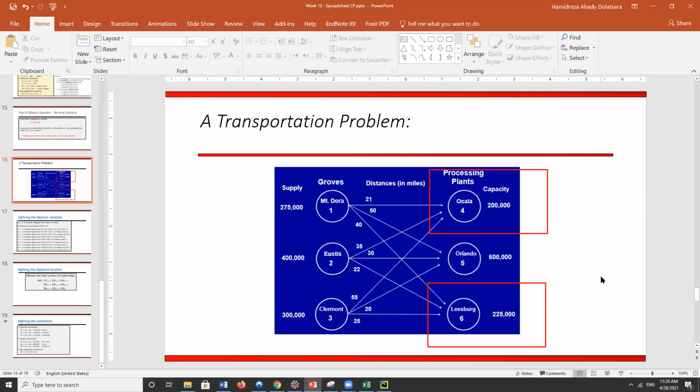So for sure, if you run these plans in future, you easily understand there is a shortage in Ocala and Leesburg, and you have surplus in Orlando in terms of human resource. So you might lose some opportunities, but if you do prescriptive analytics and your manager says, this is my capacity and this is most likely the supply, so what is your idea for recruiting people or human resources, or also maybe based on your industry, you can find other applications.